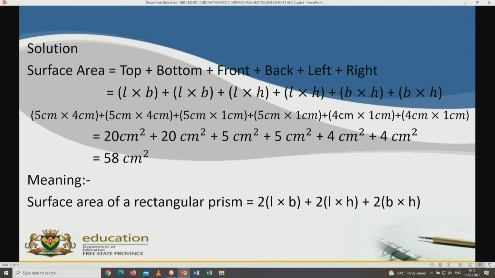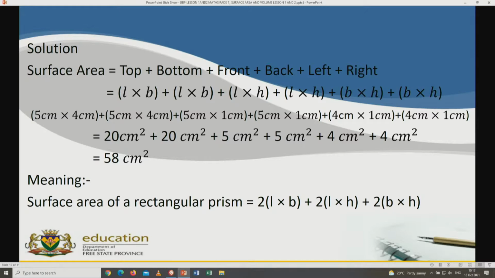Hence, we can say this is the shorter way of writing the surface area: 2 length multiplied by breadth plus 2 length multiplied by height plus 2 breadth multiplied by the height.